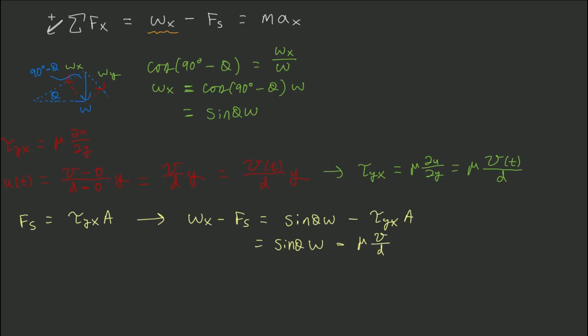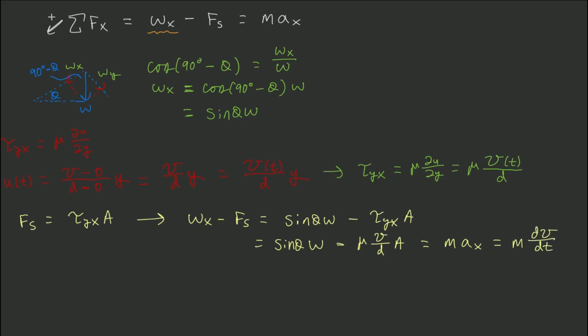It's just going to be implied, times A. Okay, and that is equal to m a x. Now we just remember that the acceleration of the block in the x direction is just the time rate of change of the block's velocity, so we get m du dt.